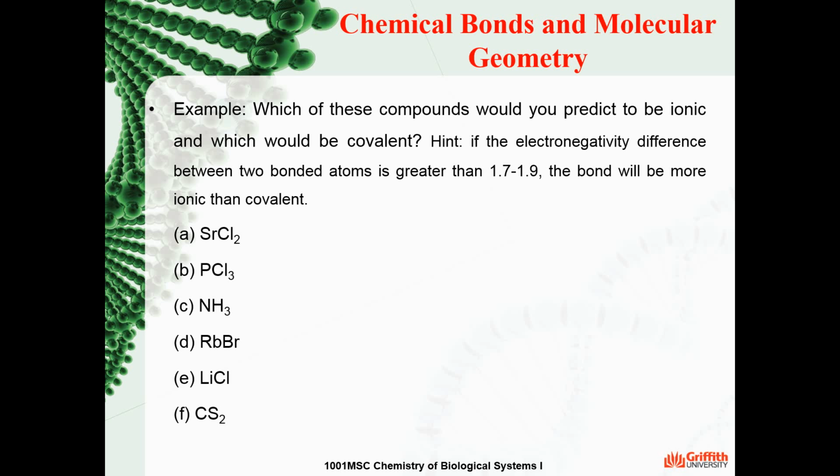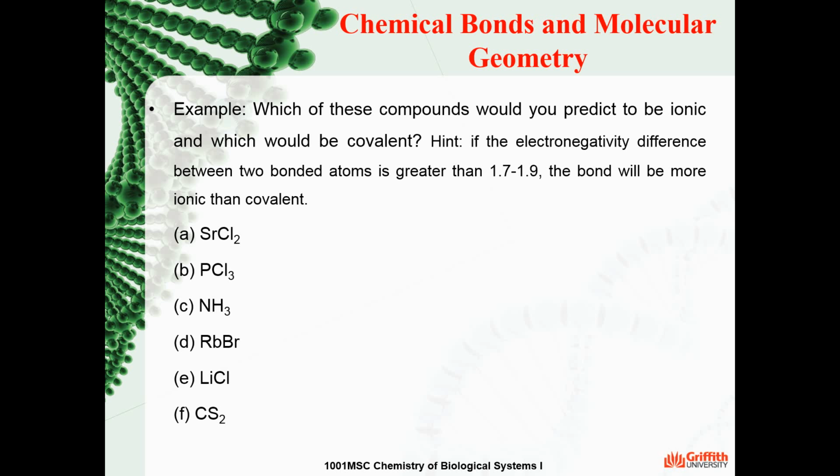Here are some examples. Let's try to predict which of the following compounds are going to be ionic and which would be covalent. The first compound is SrCl2. We can solve this question in two ways. Firstly, from the periodic table, Sr is element number 38, and it is a metal.